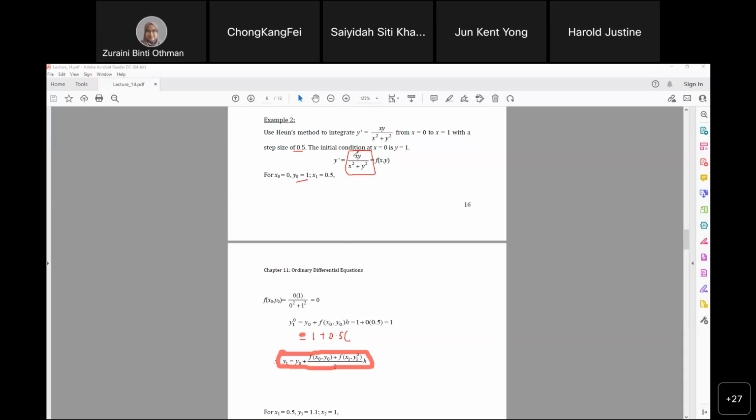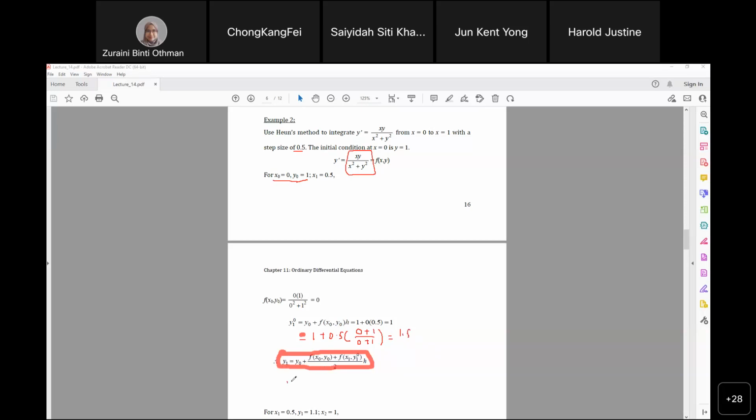So kita kena letak value kat situ. X0 Y0 kita just now X0 Y0. Jadi kat situ X0 kita ialah 0 plus Y0 kita ialah 1 bahagi dengan X kuasa 2 Y kuasa 2. 0 kuasa 2 ialah 0 campur 1. Okey. Dan dia ialah berapa ni? 1.5. Betul tak? Saya salah beritahu. Okey, this is 1.5.